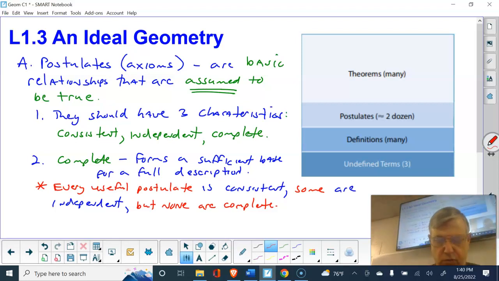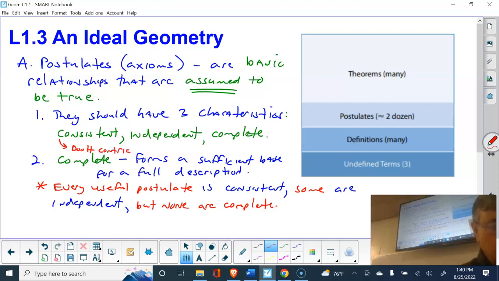Let me add a few words here to help you with things. When we say consistent, they don't contradict one another.